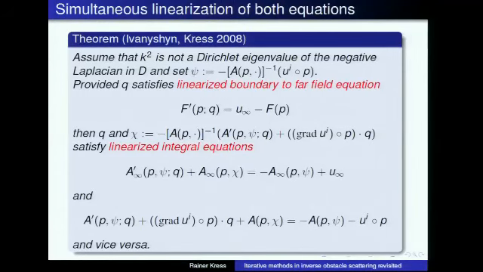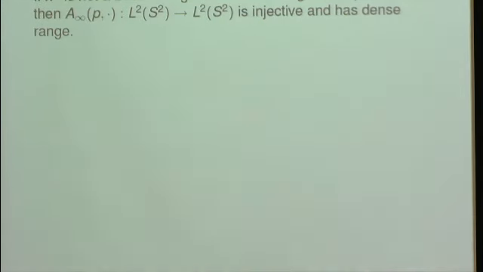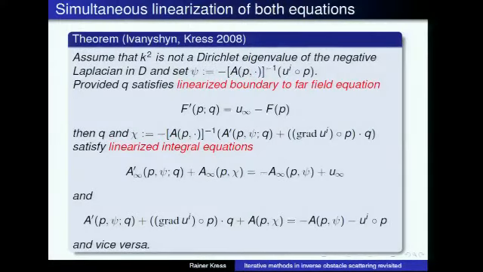If Q satisfies this linearized boundary to data equation, so we have Q, and we define a chi by inverting again the first order equation with a different right-hand side, then Q and chi satisfy the system of linear integral equations that I had on the previous slide, the linearized system of equations, and also vice versa.